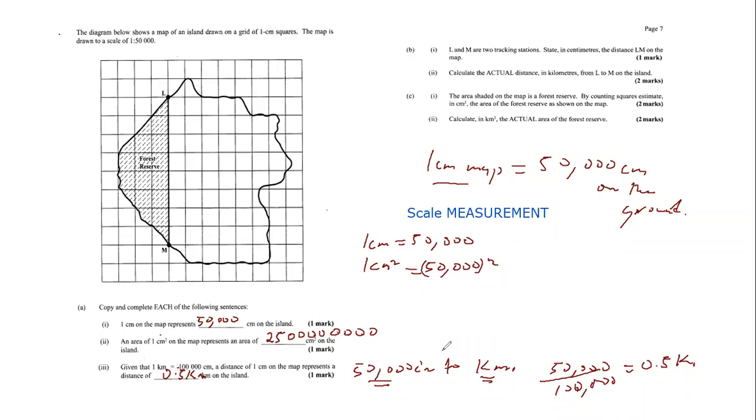If you are changing from centimeters to kilometers, we divide by 100,000 and we get 0.5. Are you following? Okay, good.